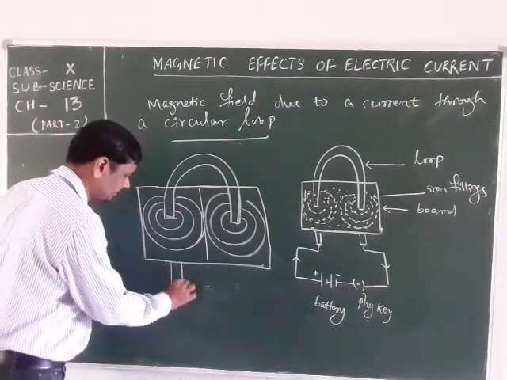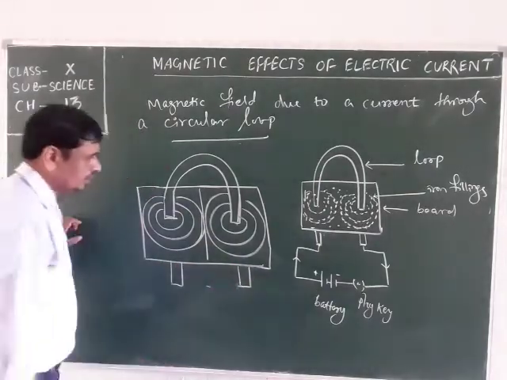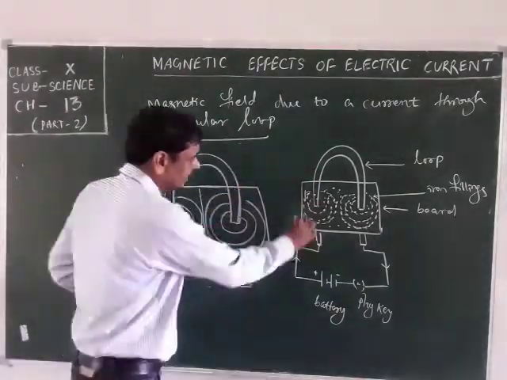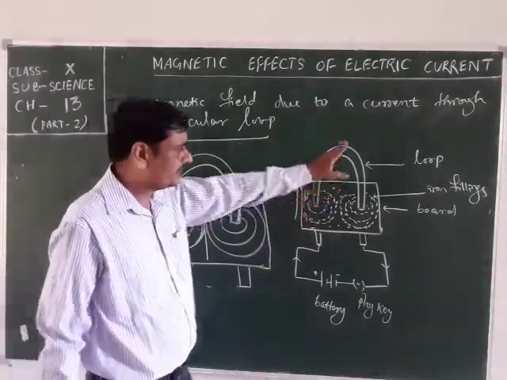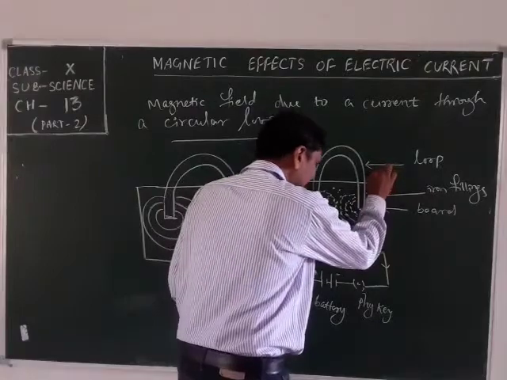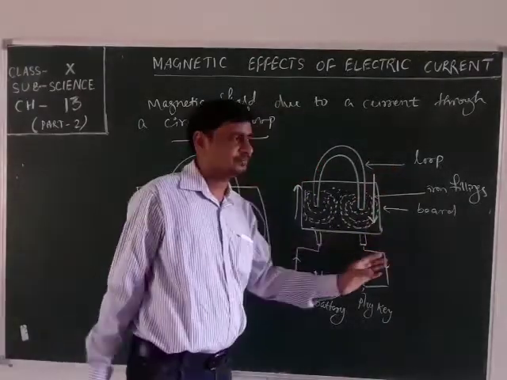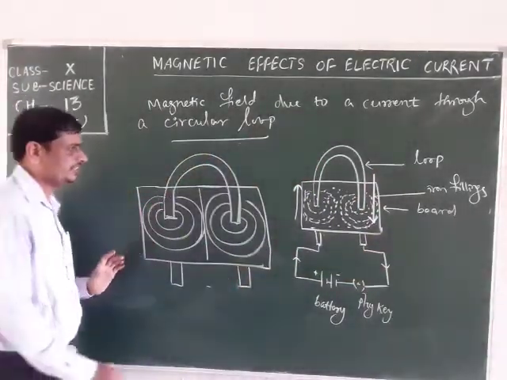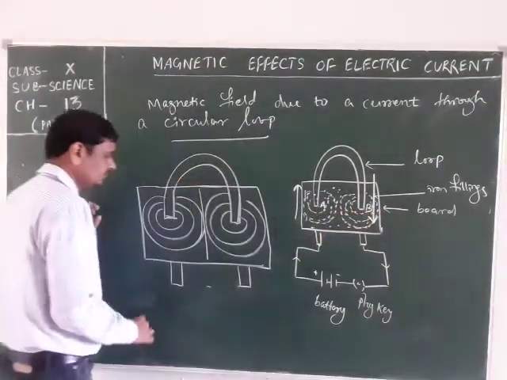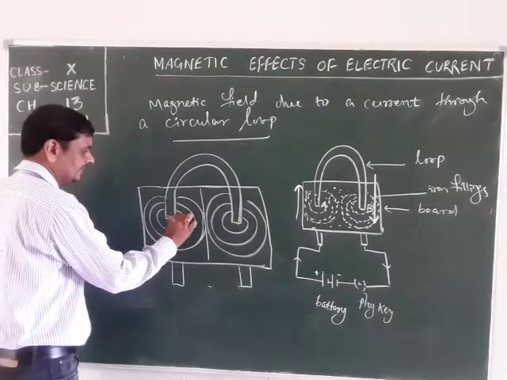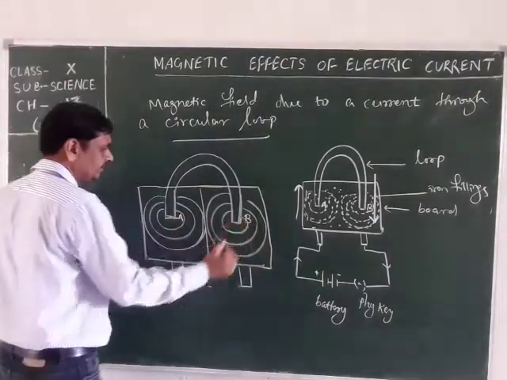Here, current is flowing in upward direction at this end, and current is flowing in downward direction at this end. This one is end A. This one is end E.